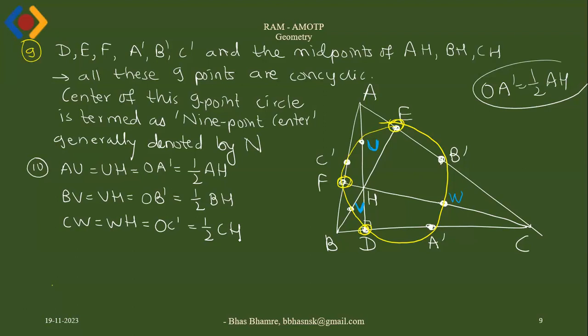Then we know that O is the circumcenter. We already have defined it. O is the circumcenter, not origin. Then we have that O, G, H are collinear.